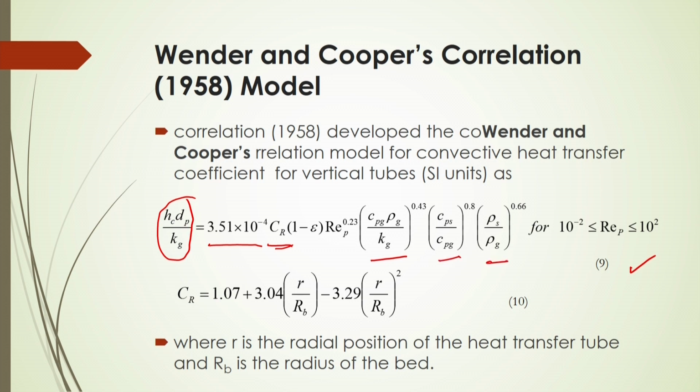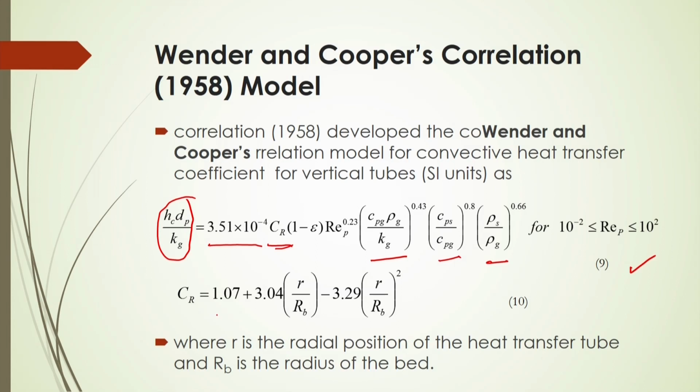Here CR is called the correction factor, and this correction factor considers the radial variation of the heat transfer, and it is a function of r from the central axis in the radial direction of the fluidized bed.